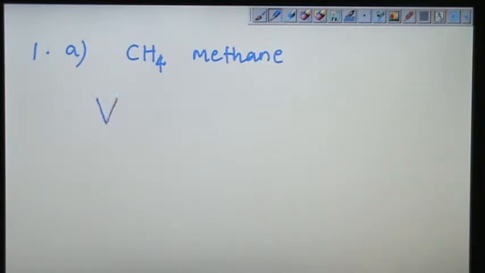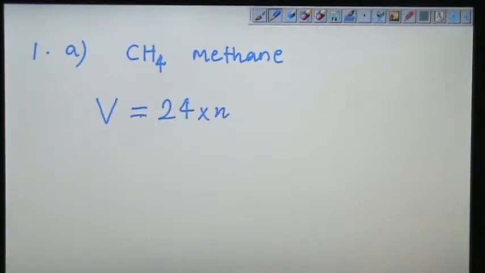Number 1, A, 0.8 mole of methane, CH4. They want the volume at room condition. Volume at room condition would be 24 times the number of mole.